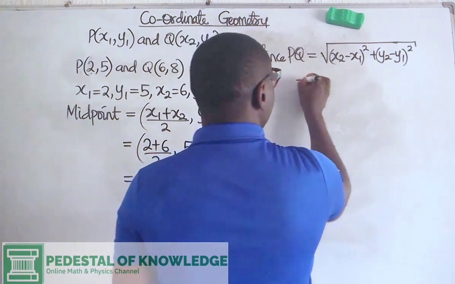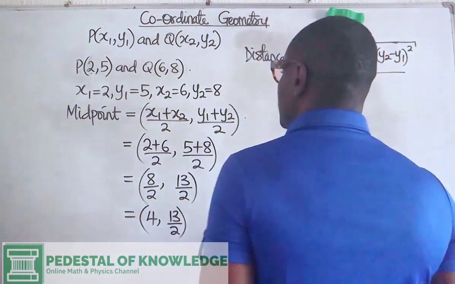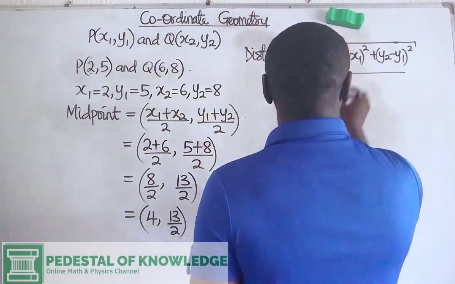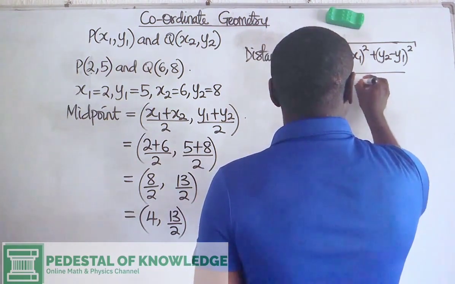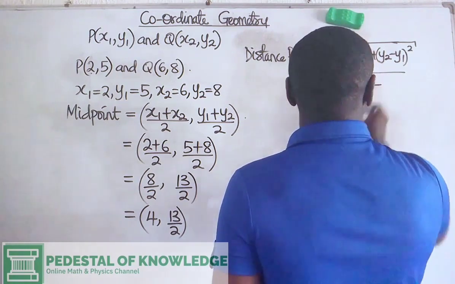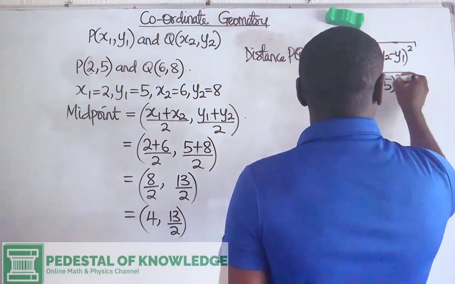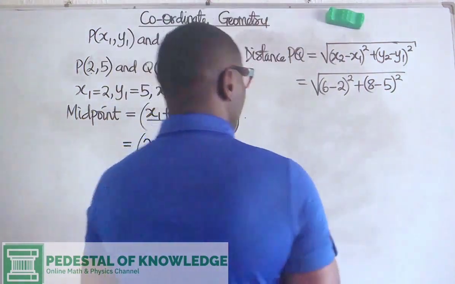Okay, and this is equal to the square root of x2 is 6 minus x1 is 2, all squared, plus y2 is 8 minus y1 is 5, all squared.